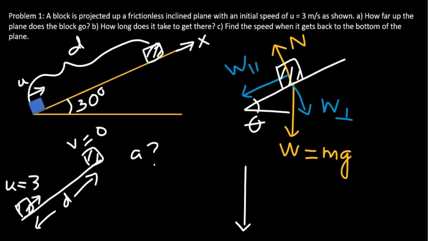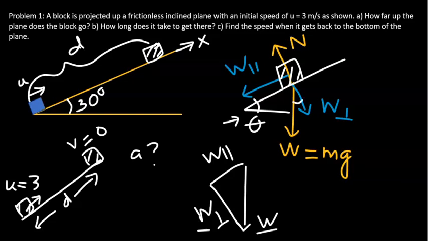This is the hypotenuse, W. This is one side of the triangle, W parallel, and this is W perpendicular. The angle between W and W perpendicular can be figured out from this diagram right here. That is this angle. If this is theta, this is 90 degrees, so this must be 90 minus theta, so this has got to be theta.